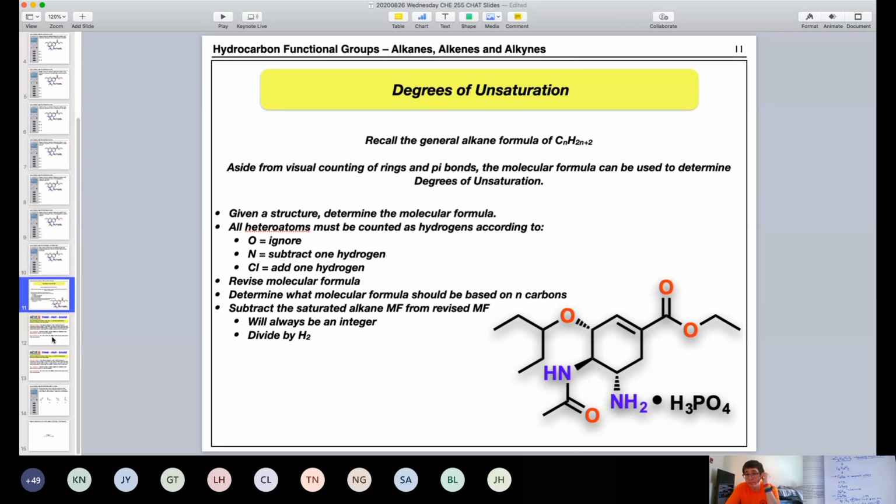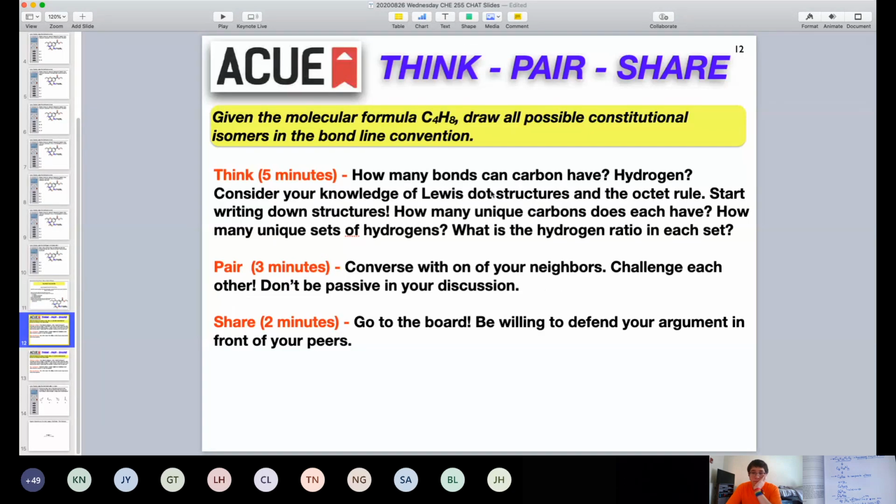So I've been getting a couple questions through Canvas and email about constitutional isomers. So we left off the last chat with this think, pair, share about C4H8. And this is related to constitutional isomers. Notice on this slide deck, there is not a structure shown.